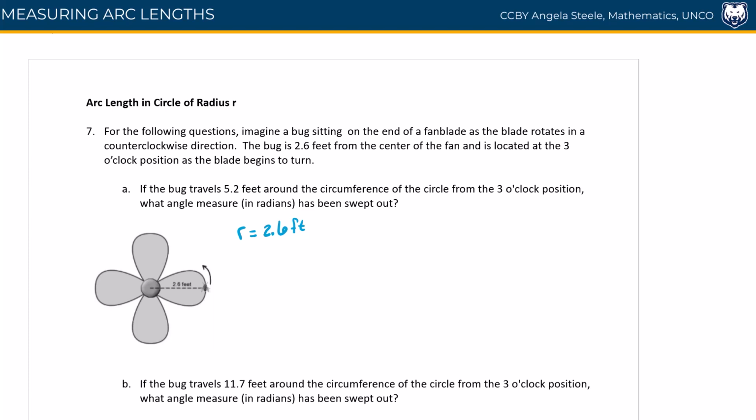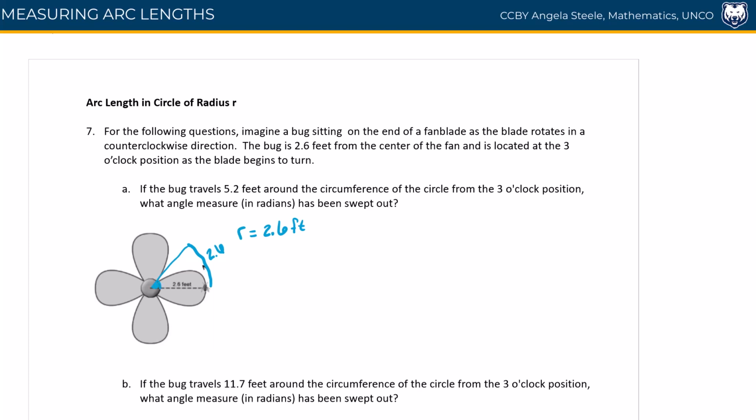So we're going to think about the bug traveling a total of 5.2 feet, but we're going to do it in 2.6 feet increments. Okay, so we're going to start at the 3 o'clock position. We're going to go 1 radius, which is 2.6, which then also gives us that 1 radian measure.